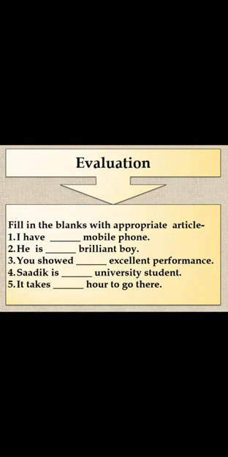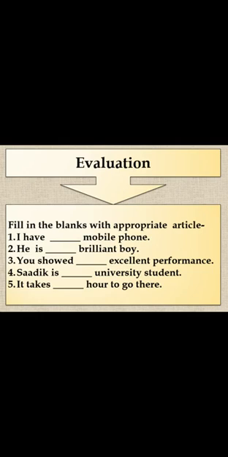So here will be a. I have a mobile phone. In case of consonant, you have to remember one thing, that's H. If the H is silent, if the H is not pronounced, there will be n instead of a. Otherwise, if the first letter of any word is a consonant, there will be a. Just remember it. So I have a mobile phone.